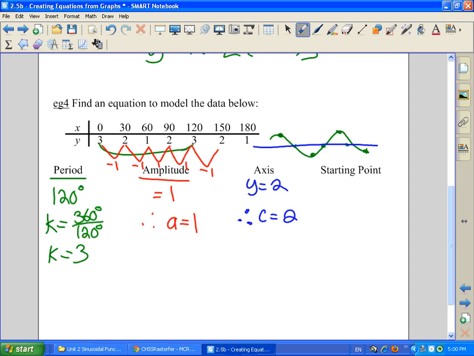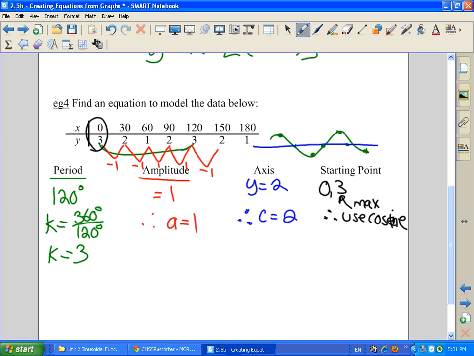Now the starting point is probably one of the hardest things to take a look at. So let's take a look at where the graph started, at 0 and 3. Okay, so it doesn't start at 0, 0. What that means is it starts on the y-axis, and this is our max, right? So it starts at our max. Therefore, that tells us we're going to use cosine, because we're not starting at 0, 0.